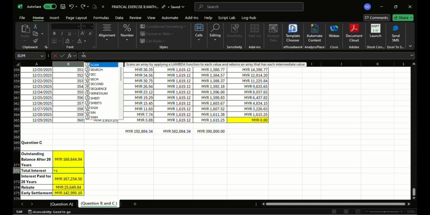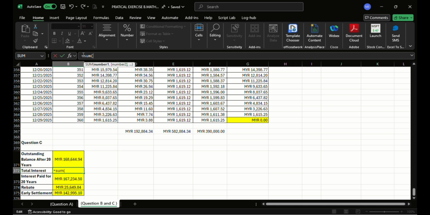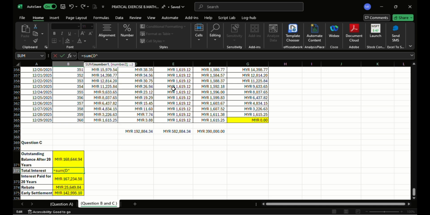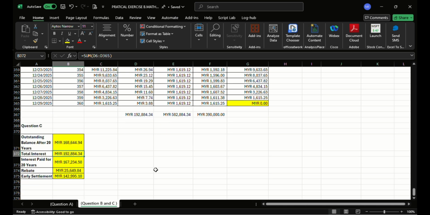Use the formula SUM and then look at the table numbers. For mine it is D6 and the last number, which is D365. We get the total interest.